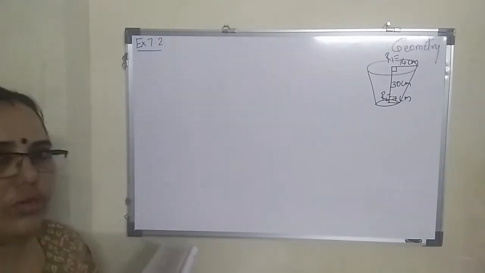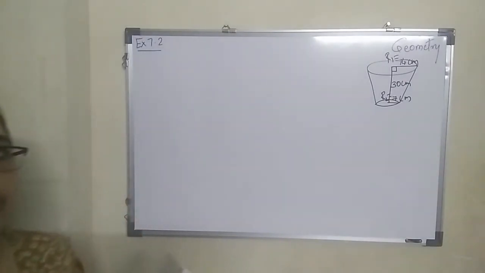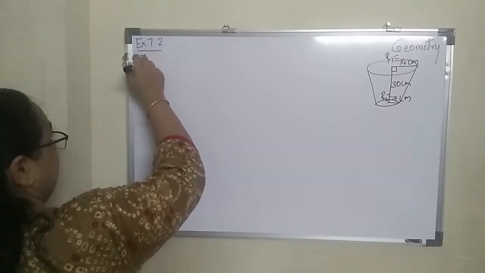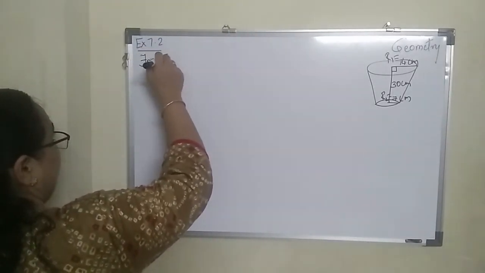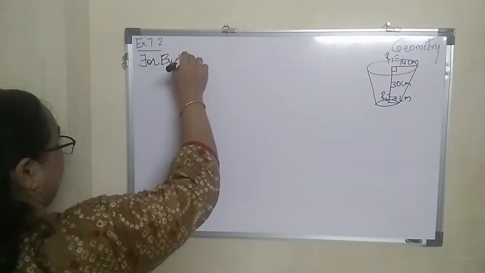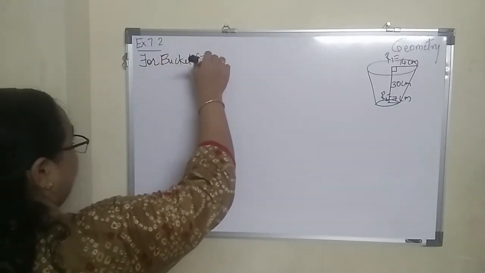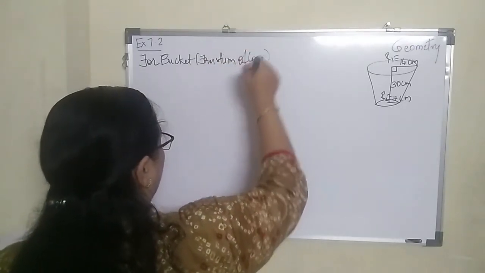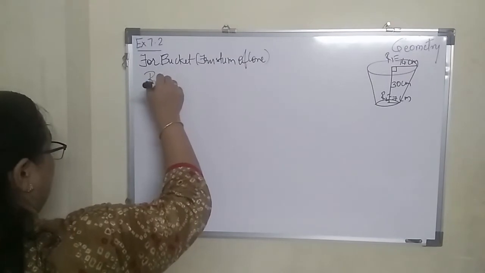How many liters of water? That tells you the capacity. So that means we have to find the volume. The bucket is a frustum of a cone. What is given?